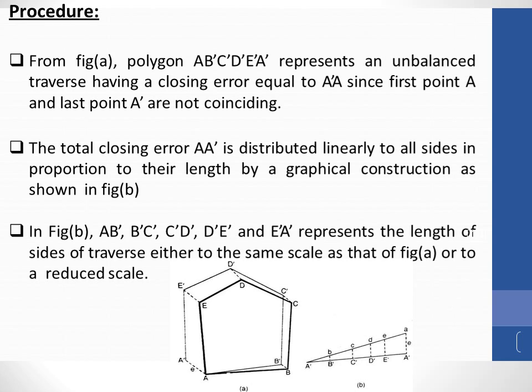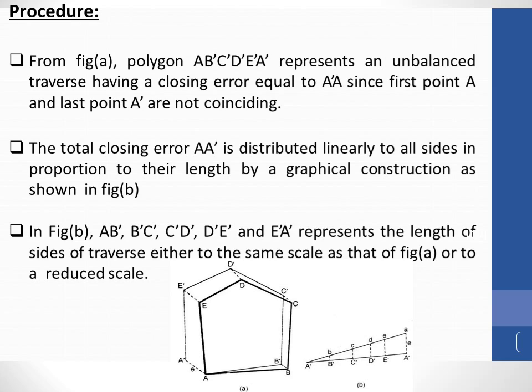After this you can plot the lengths. You can see a b dash, b dash c dash, c dash d dash, d dash e dash and e dash a dash. These represent the lengths of the sides of the traverse, either to the same scale as that of figure A or to a reduced scale.